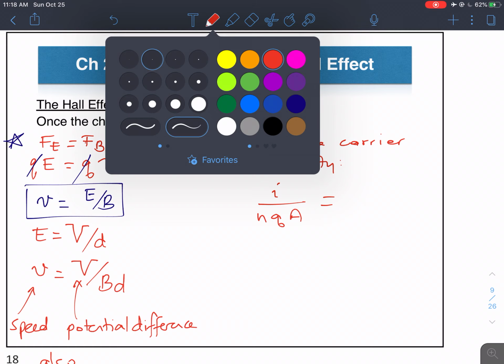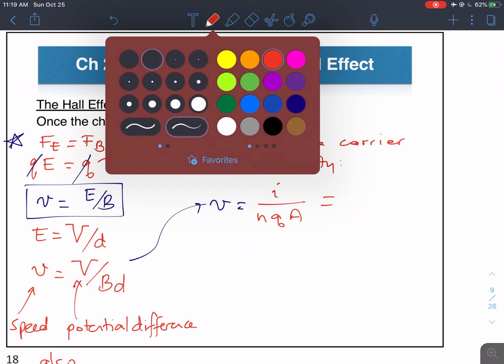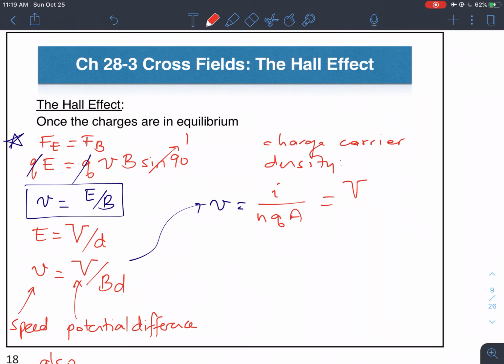So we said that this was that speed from here, and that means that's going to be equal to also the voltage divided by B D. Okay, so from this you can find the charge carrier density, which is n, and that is magnetic field B, magnitude of that, the current, the width of the strip, this length D is the length which is perpendicular to the current direction.